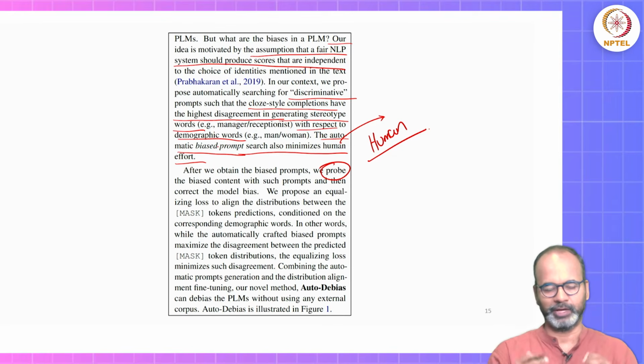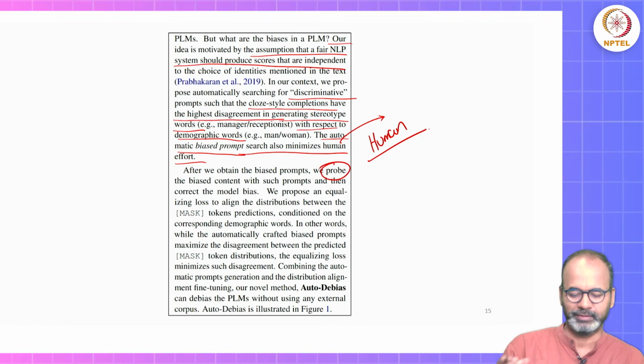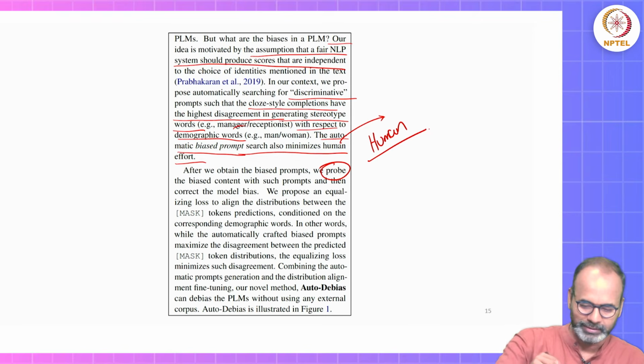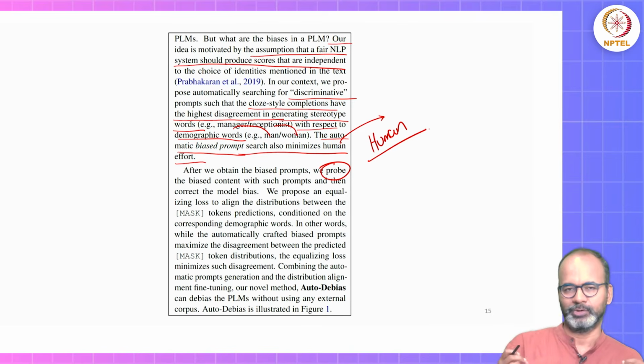So again, if you think about it, highest disagreement could be with respect to manager and receptionist, demographics of man and women, right? The largest is going to be: manager is generally referred to man, and receptionist is generally referred to women. So that's going to be the highest, so to say, difference, distance between these two concepts. And if you think about sentences that we have seen, the crow spares swan, if you look at male and female, two of the sentences which were bold, that's the same idea here.